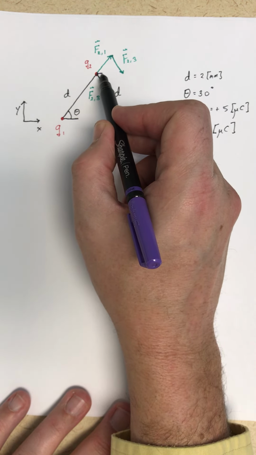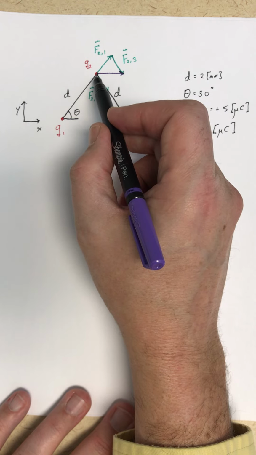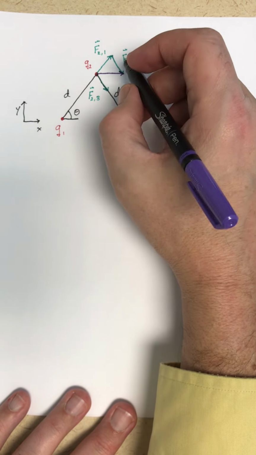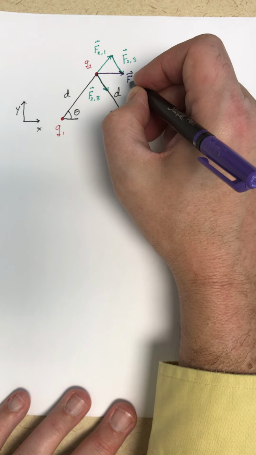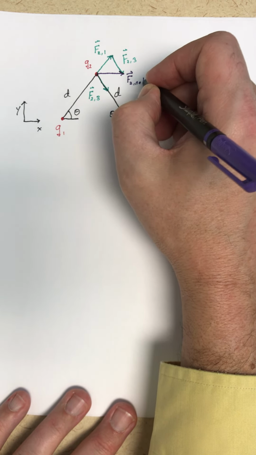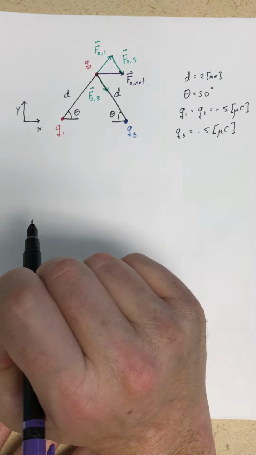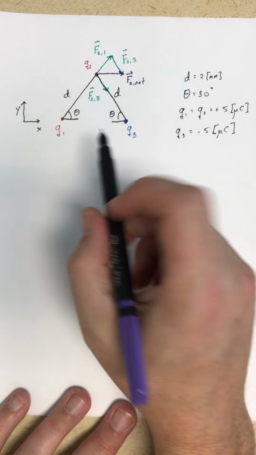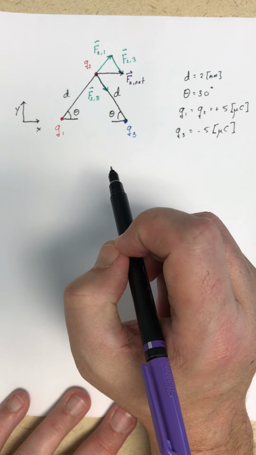And then their sum spans from the tail of the first vector to the head of the last vector in the sum. And so this is what we're after. We want to find the net force on charge 2 due to all the other charges. And in this case, there's just 2 other charges. So we're just summing 2 vectors together.